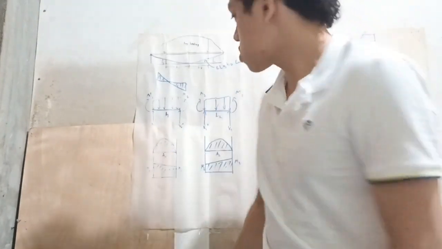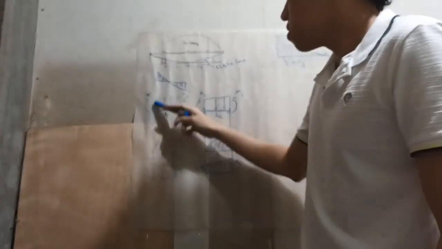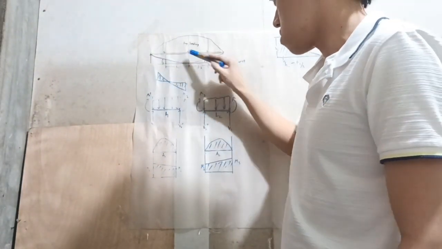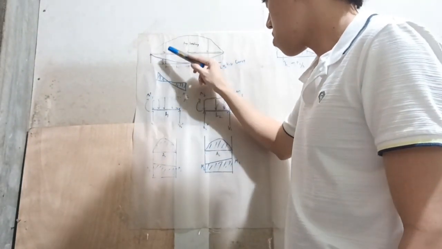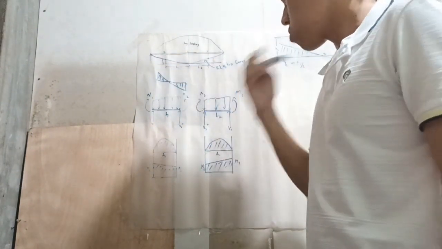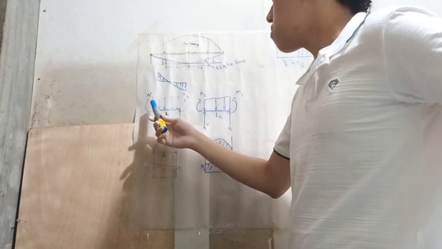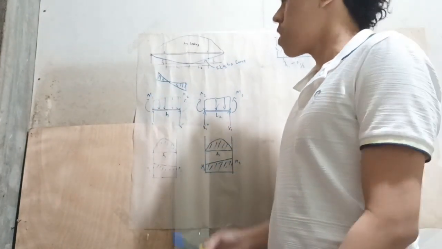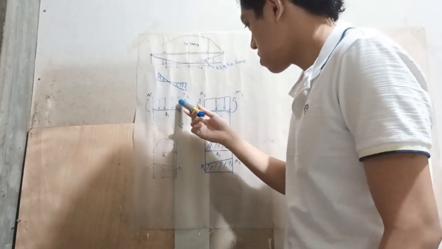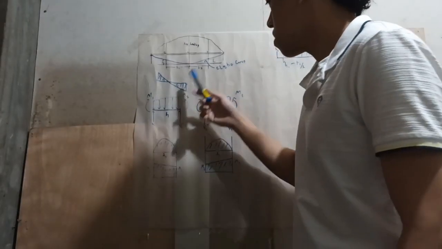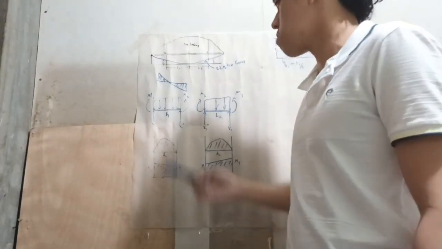Then we consider this at 1, 2 and 2, 3. So, at 1, 2, we have moment M1 clockwise, then the internal nonlinear loading, and M2 counterclockwise.